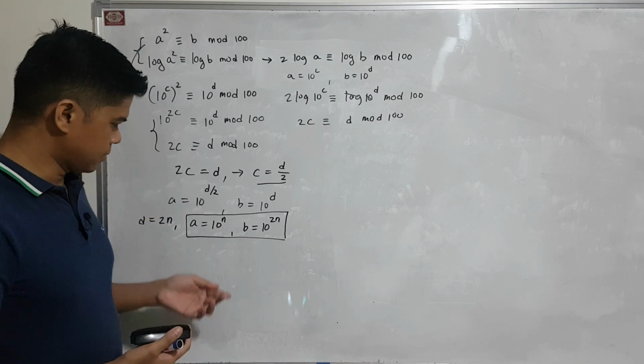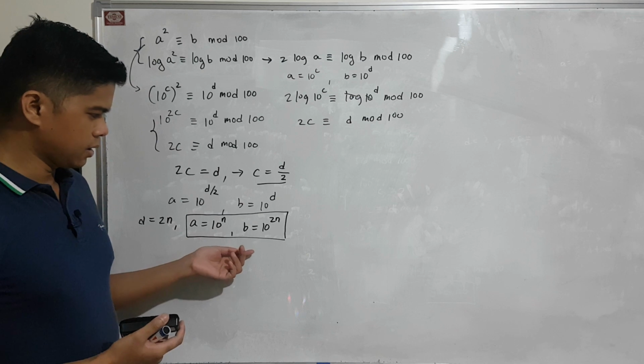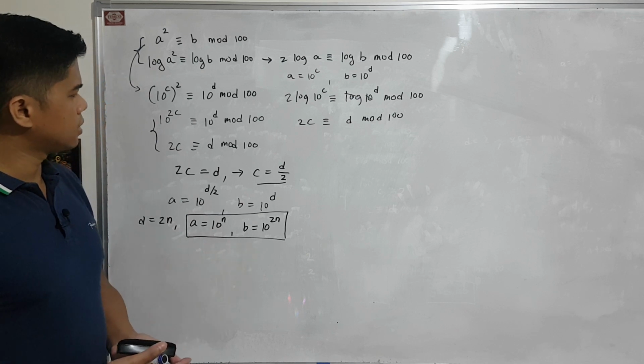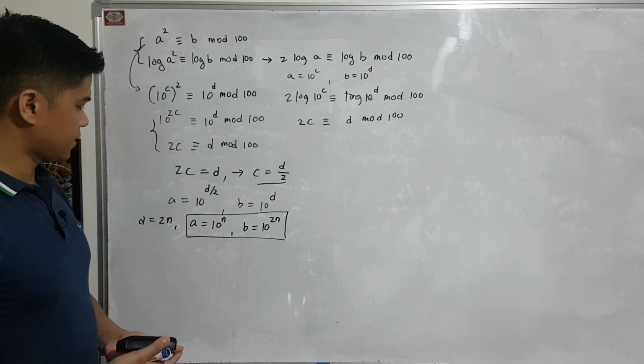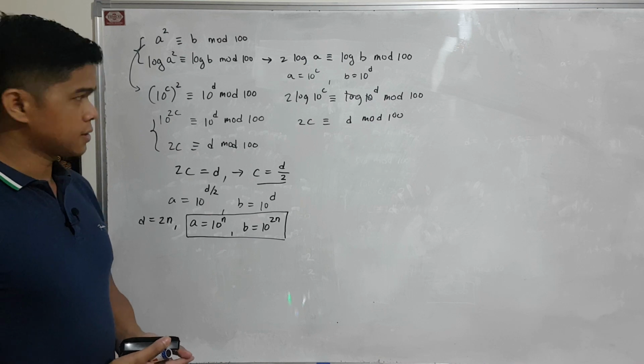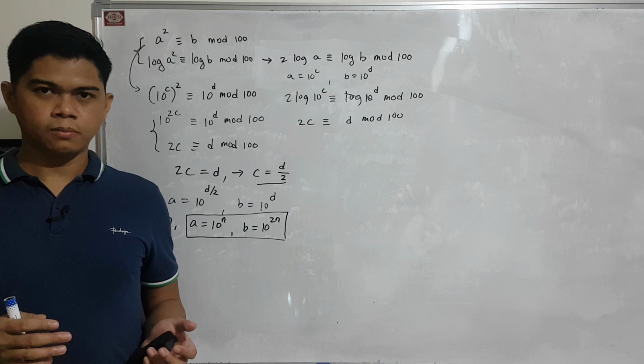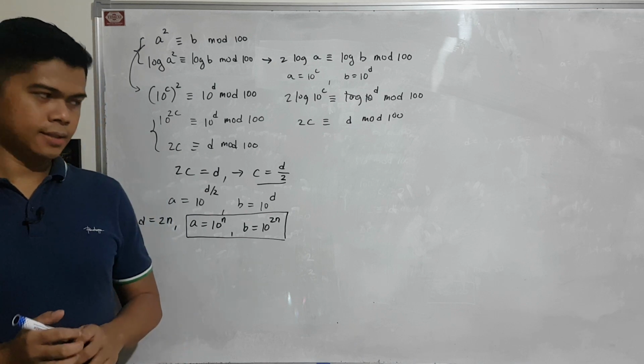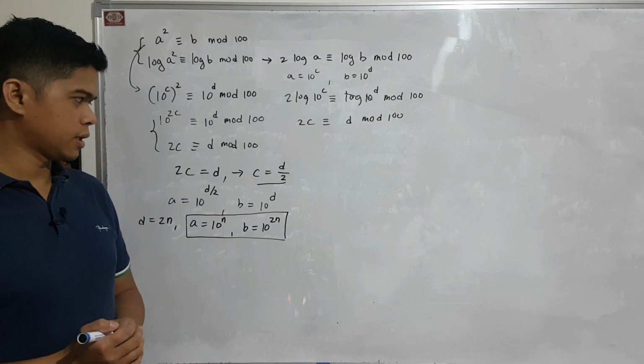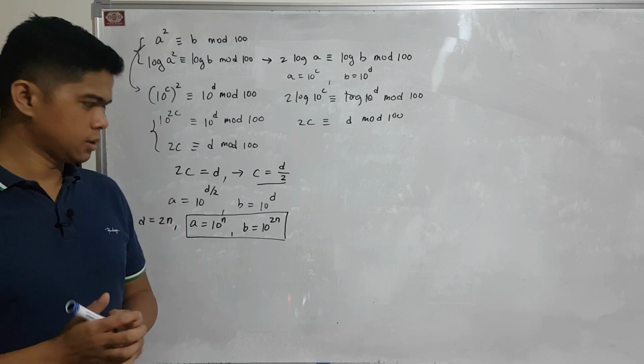So besides a being 10 to the n and b being 10 to the 2n, is there any other solution that satisfies this system? Working with modulo 100 is actually nice, because modulo 100 takes only the last 2 digits of the number.